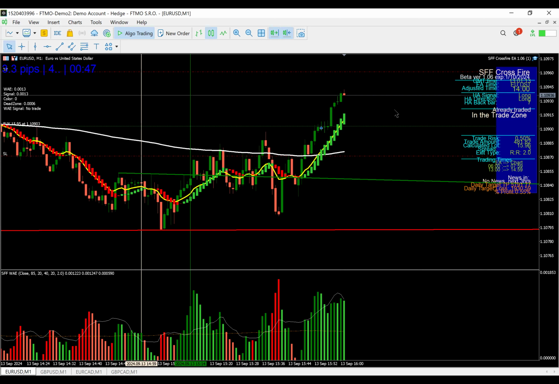It's duplicated exactly the same trade. It's in it now, the one that's on Euro USD. So there's two trades running, one for the Commander and one for the Crossfire. I really don't know enough about the other trading assistants to comment really.